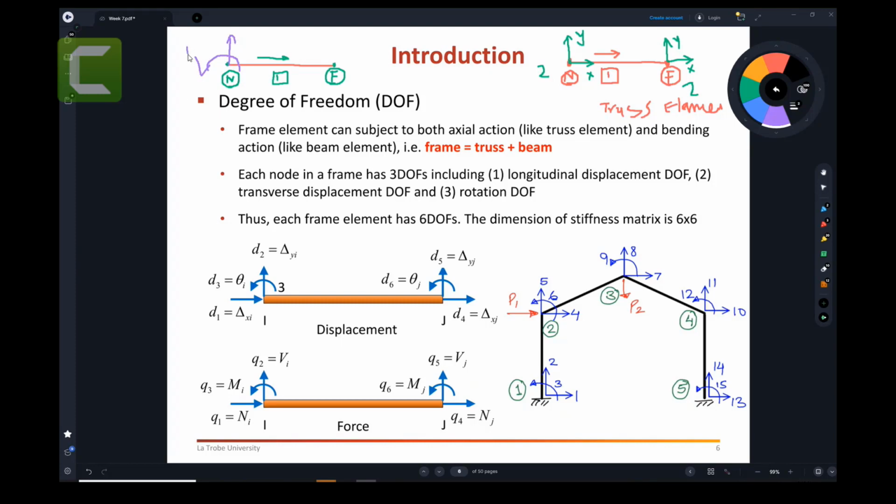So this point has a vertical translation and a rotation degree of freedom. You have vertical translation, rotation, and the near node and far node, so again there are 2 degrees of freedom at each point.